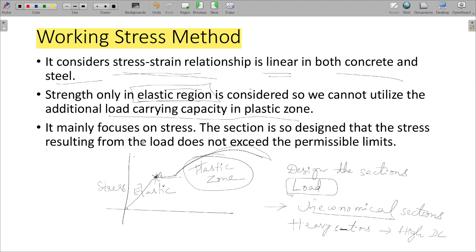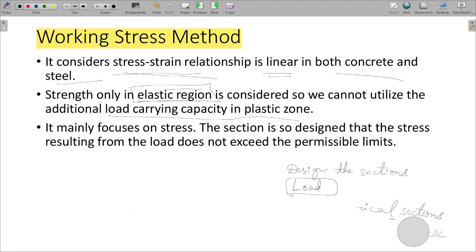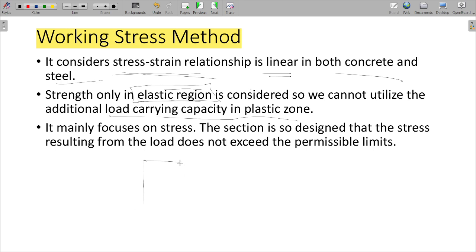And the third important thing about working stress method is it focuses only on stresses and not on loads. For example, in reinforced concrete, it is singly reinforced concrete, there are materials like concrete and steel.